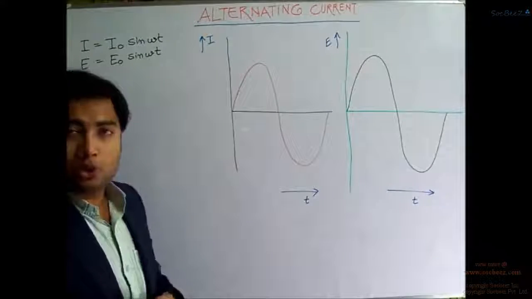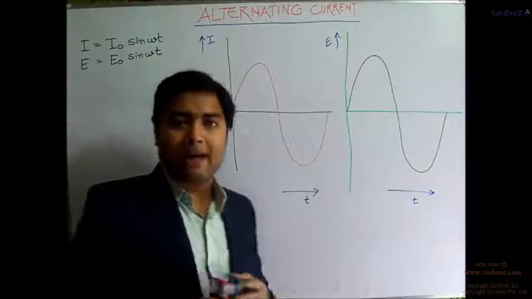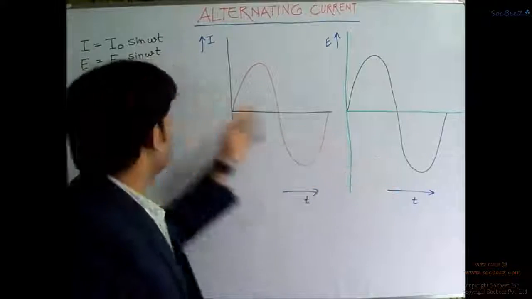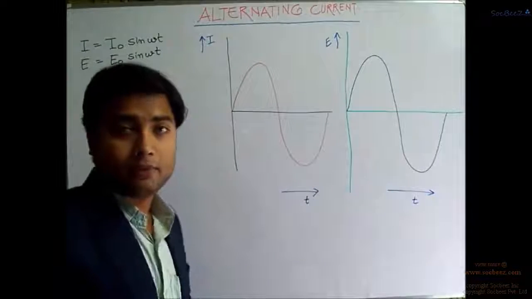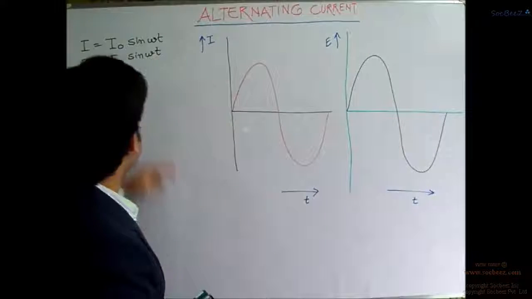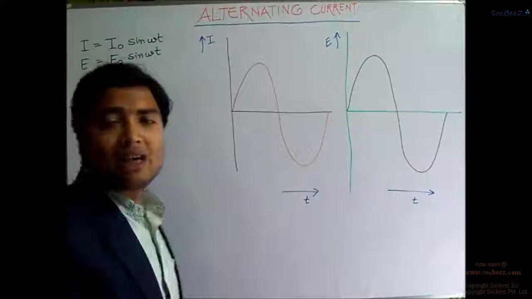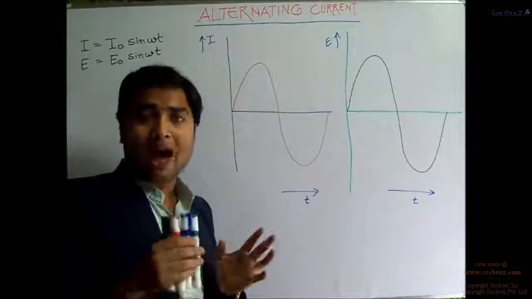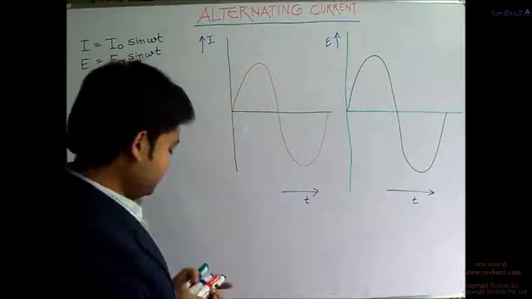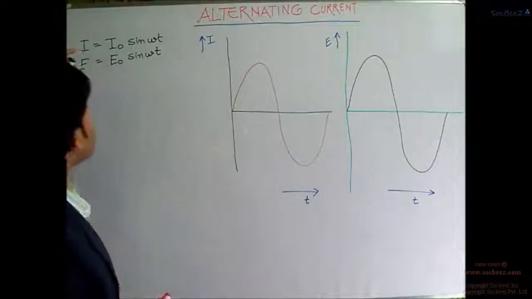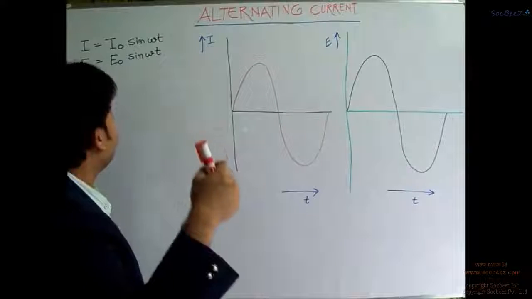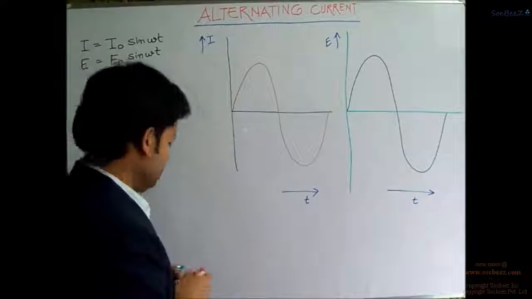Both are actually obeying the sine wave form, as we could see in this equation, right? Over here the omega t is the phase change, right? And the highest value of this I, or the peak value, as we know, will be I naught.